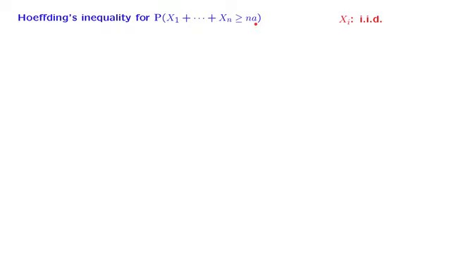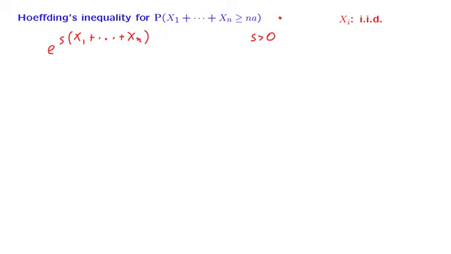Instead of looking at this event here, we're going to look at the following equivalent event. Let us fix some number s. We're going to leave the choice of s free for now. It is only that we're going to assume that s is a positive number.